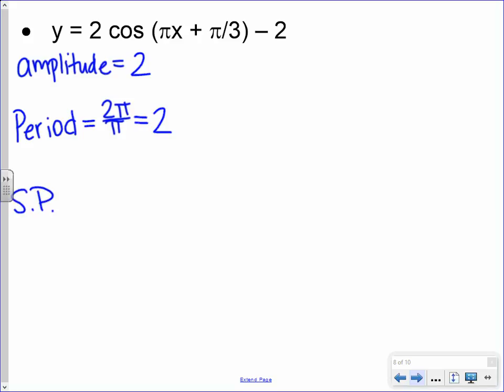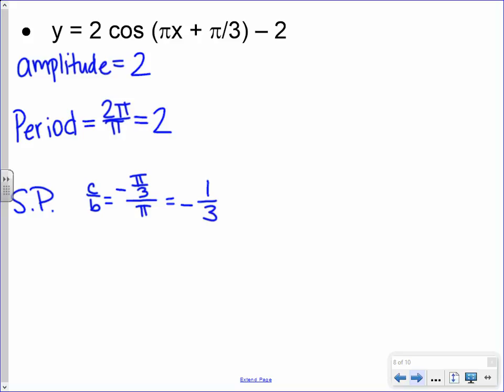Our starting point. Okay, Brett, help me out with C over B. Pi over 3 over pi. Is it just 1/3? It is almost 1/3. What is missing? Remember, this is bx minus c.